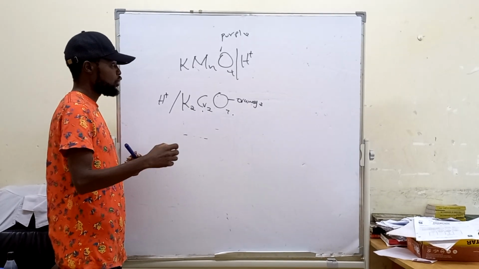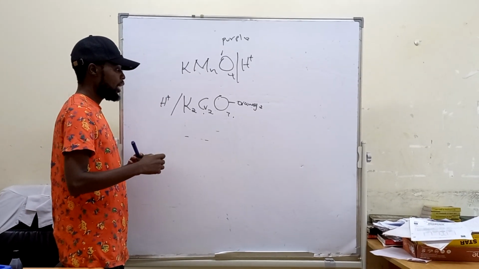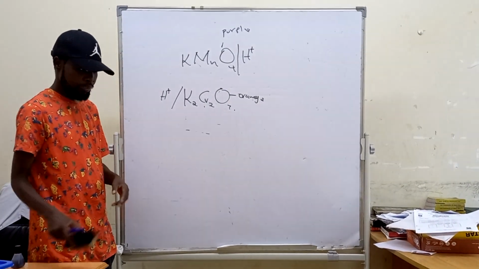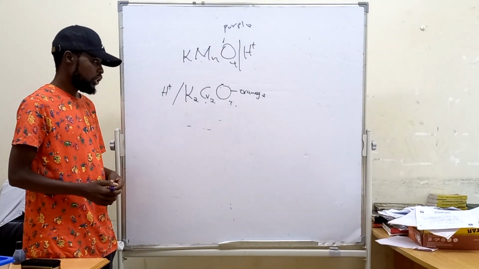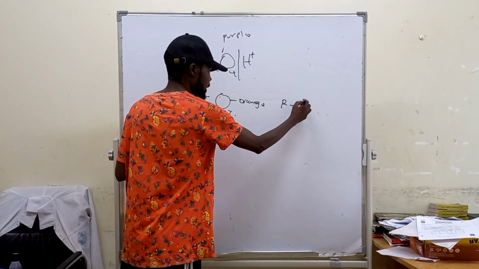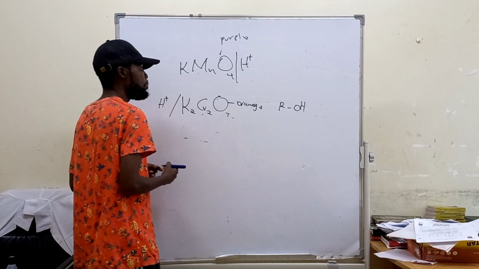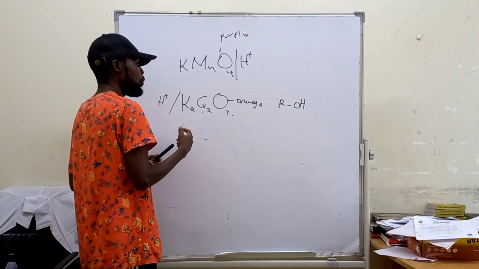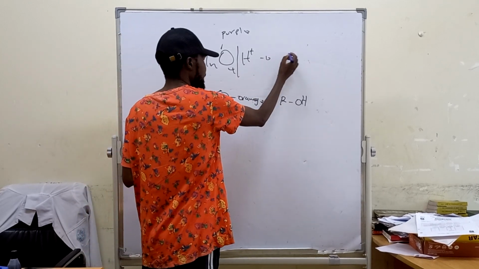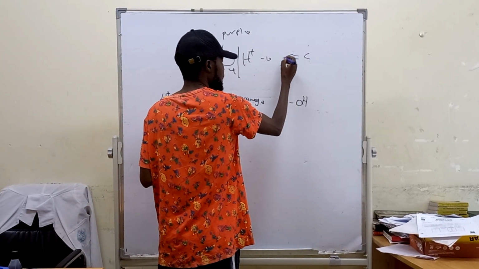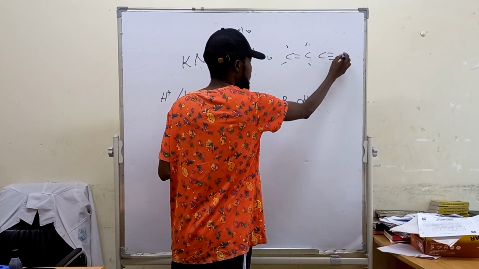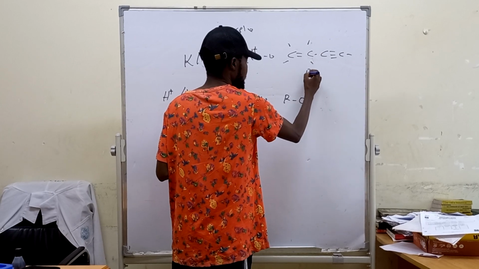Now, in organic chemistry, we are told that if you add acidified potassium dichromate 6 and you see it change to green, you write ROH present. And if you add potassium manganate 7 and you see the purple color change to colorless, you write double bond or triple bond, and ROH.